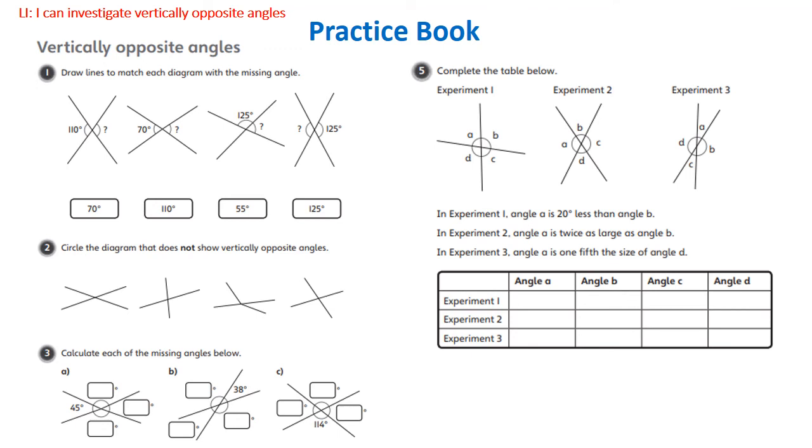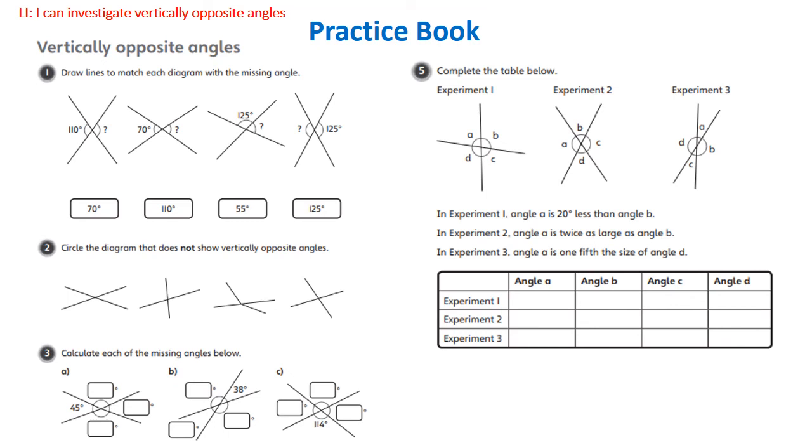Question 5, you need to complete the table, so you'll need to draw that out. So angle A is 20 degrees less than angle B. So in experiment 2, angle A is twice as large as angle B. You'll need to draw a bar to help you here.